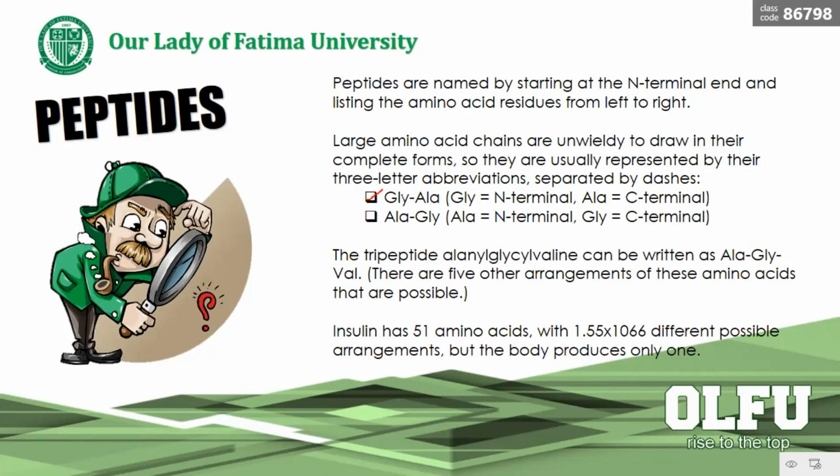Okay? Then for the other amino acid before the C-terminal amino acid, we replace, for example, glycine, the INE or the in with YL. Okay? It will become glycyl. Glycyl, then continue, no spaces, alanine. Okay? Glycyl alanine. For this example, alanine yung nauna. Sumunod yung glycine.